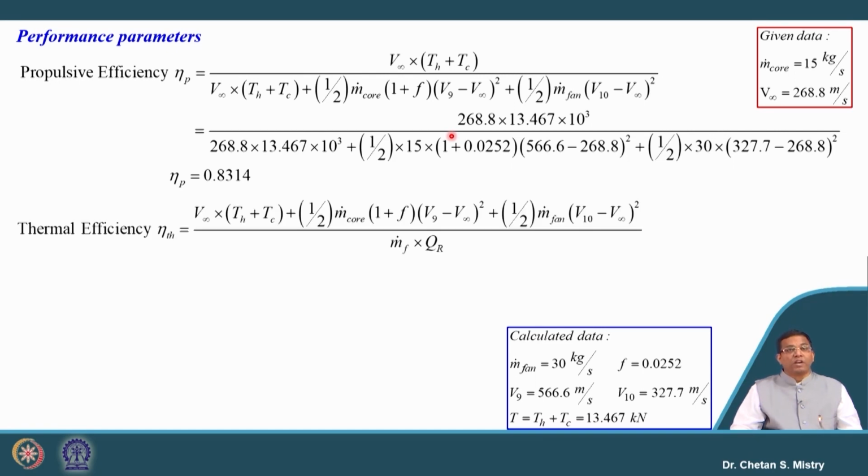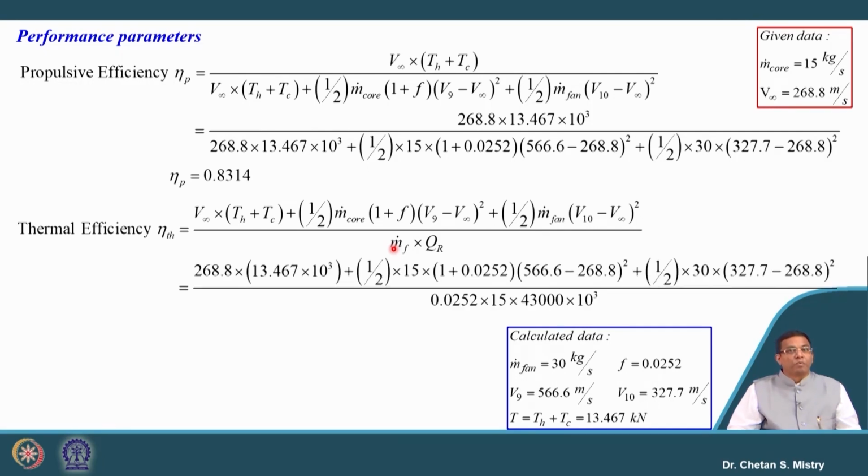Same way, let us do the calculation for the thermal efficiency. There is a way of remembering this equation. The denominator part we put here in the numerator, and the heat input is mf into qr. Putting these numbers, the thermal efficiency comes to be 26.78.